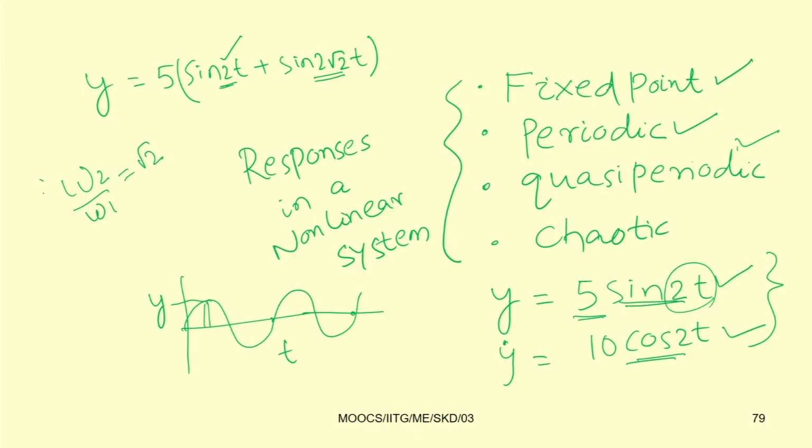So, if omega 2 by omega 1 is an irrational number, then the response you will get will be quasi-periodic response. Later we will see with an example. What do you mean by chaotic response? I will tell you that period doubling bifurcation leads to chaos. Those things I will tell after a few minutes.